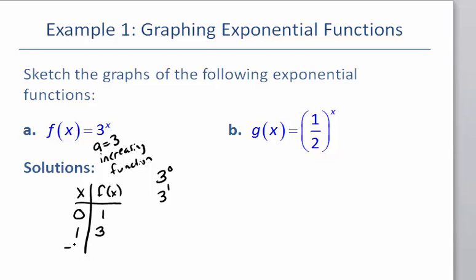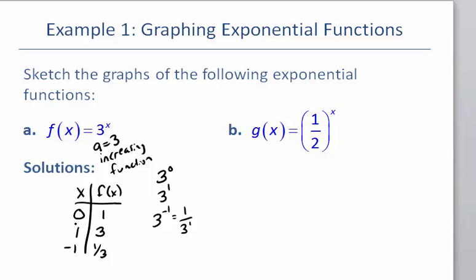I'm also going to select negative 1. So 3 to the negative 1 power is the same thing as 1 over 3 to the first, which is 1/3. Selecting 0, 1, and negative 1 makes plotting the graph easy because your values for f of x are easy numbers to work with.